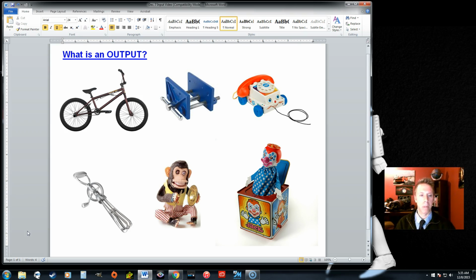Now, let's think about a bicycle. And what I want you to think about, and you're going to answer here, is what is the output on a bicycle? Now, this is a tricky question, and this is where we have to go a little bit more in depth. When you think about a bicycle, you think about what's the purpose of the bicycle. Well, the purpose of the bicycle is to travel forward.